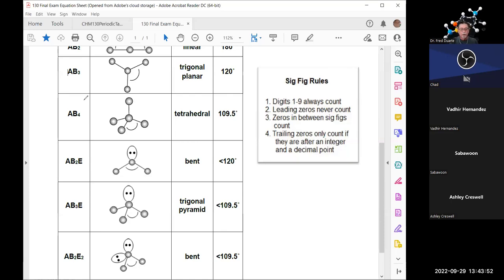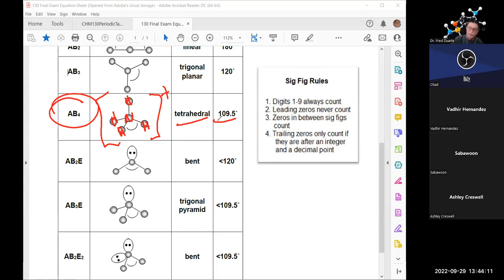And AB4 would be right here. There's nitrogen sitting there. Here are the 4 hydrogens bonded around the nitrogen. Here's the bracket that we put around it and the plus. And the species inside, the structure would be tetrahedral and 109.5, just like we've been doing for all the other compounds that we've done so far, okay?